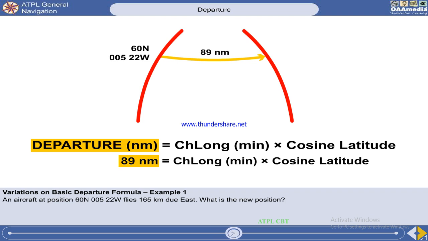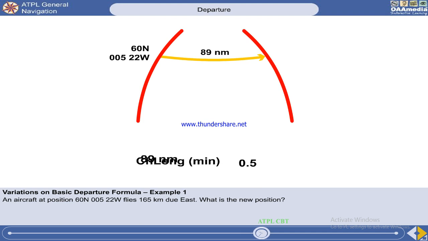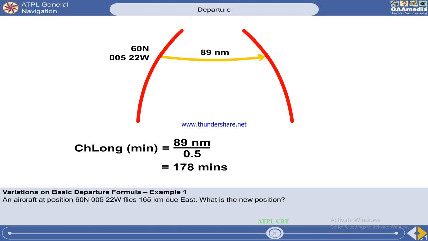Equation. The latitude is 60 north. Its cosine is a half. .78 minutes of change of longitude. This is 2 degrees and 58 minutes from an initial.